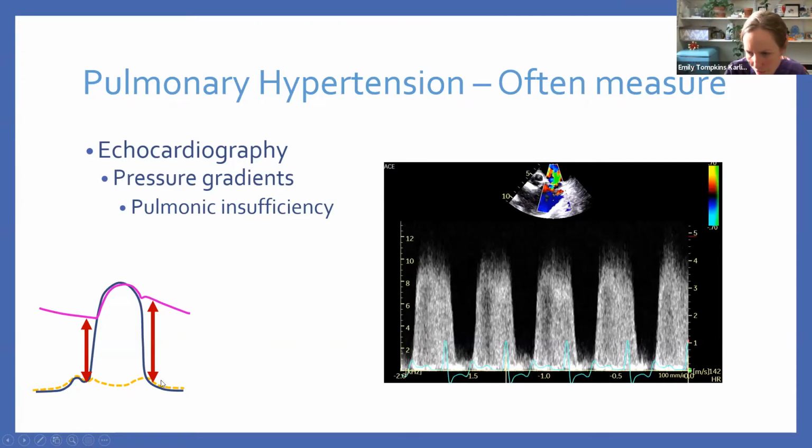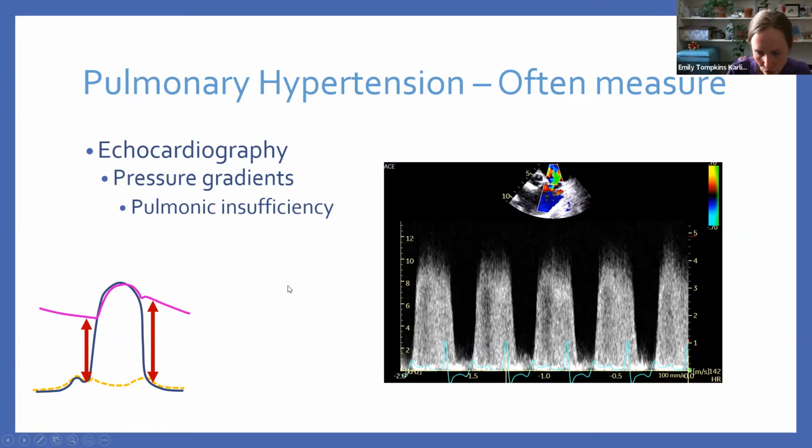The first measurement gives you the pressure difference between the pulmonary artery and the right ventricle during this phase, and the second gives you the difference at this phase, right before ventricular contraction. That gives you a ballpark idea of the mean PA pressure and the end diastolic PA pressure.